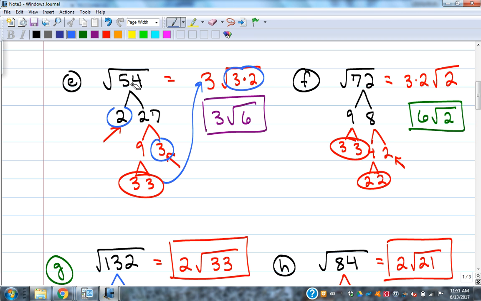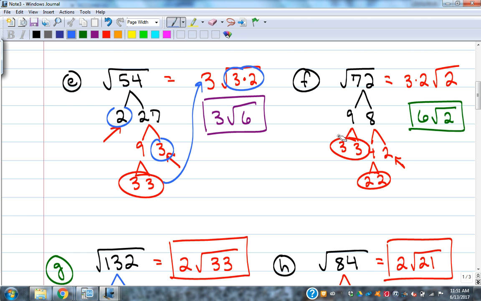Example F, we have the square root of 72. We know something about 72. Remember, that was 9 times 8 when we learned our multiplication tables as a kid. So 9 times 8 is here. We break down the 9. There's a pair of 3's. We break down the 8 to be 4 times 2. And then 4 breaks down further to be 2 times 2. We want to break those numbers down until they're prime numbers at the end.